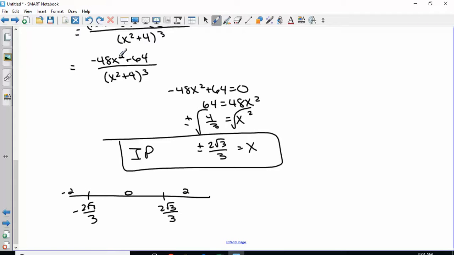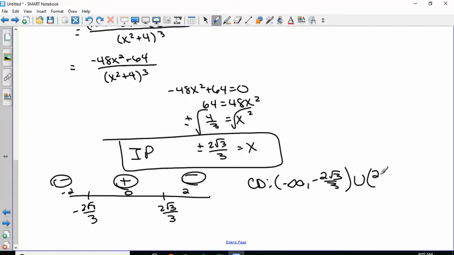Put a negative 2 in, you would get a negative over a positive, which is negative. Then 0 gives positive over positive, which is positive, and 2 gives negative over positive, which is negative. So we are concave down from negative infinity to negative 2 radical 3 over 3, and from positive 2 radical 3 over 3 to infinity. We are concave up in between those.